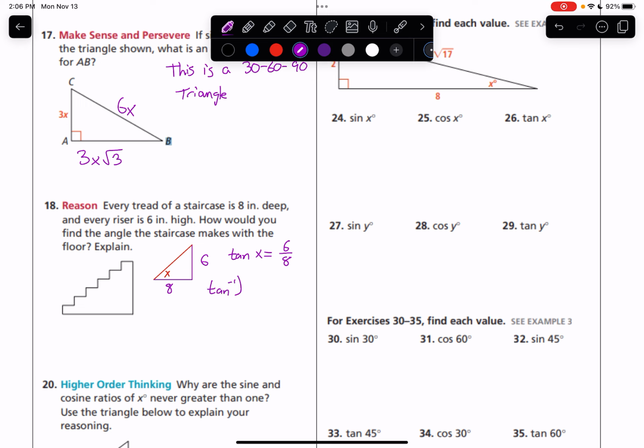The inverse tangent of the tangent of x is equal to the inverse tangent of 6 over 8. I'm taking the inverse tangent of both sides, which gives me x equals, and then on my calculator the inverse tangent of 6 over 8 is 36.87 degrees. And that's my answer. So that is the angle of x.